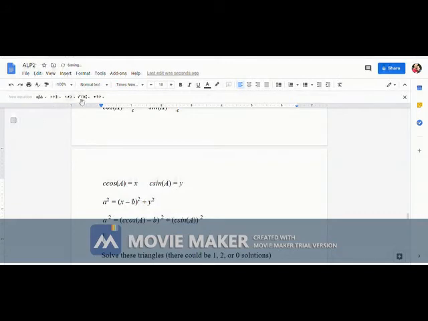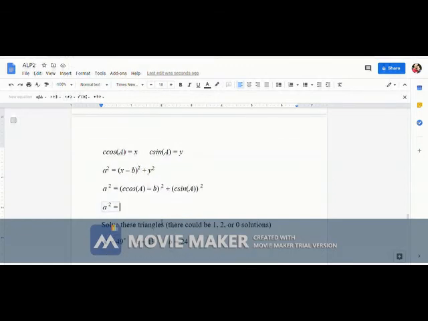Okay, and then we have a squared equals, so we'll square each of these, we'll FOIL that out, and that comes out to c squared cosine squared a, minus 2bc cosine a, plus b squared.